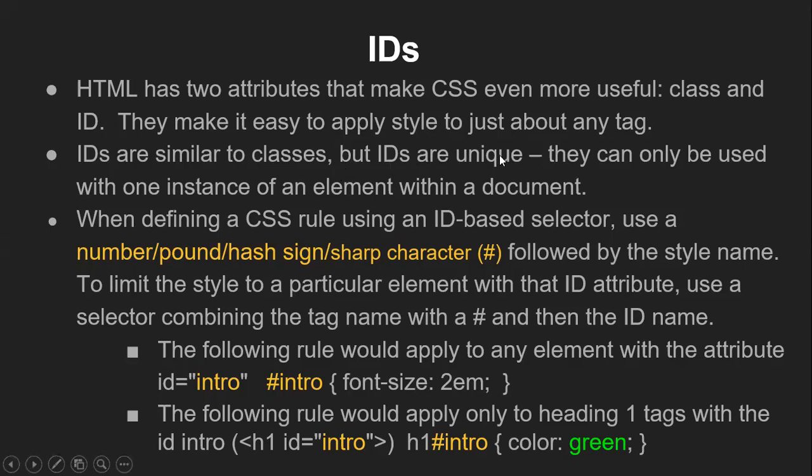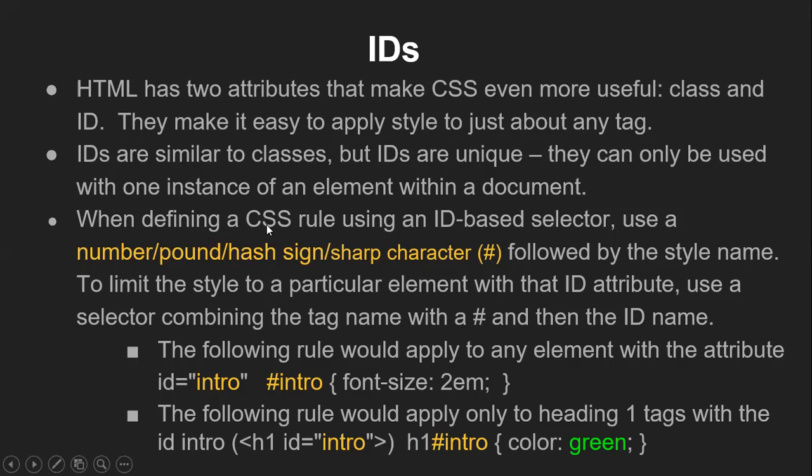So IDs are unique. They can only be used with one instance of an element within a document. If you have more than one ID in your code, you are going to have an error when you are trying to use it for the back-end programming of your website. So it is very good to have a unique ID throughout the web page.